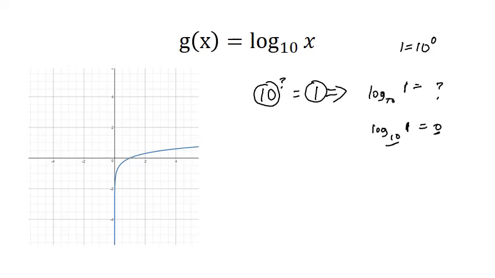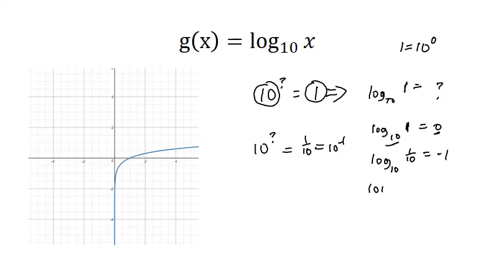Well, what about if we ask the question, to what power would you raise 10 to get 1/10? Well, 1/10 is the same as 10 to the -1. So what we're asking is, to what power would we raise 10, or log base 10 of 1/10, and we know that that's going to give us a negative value.